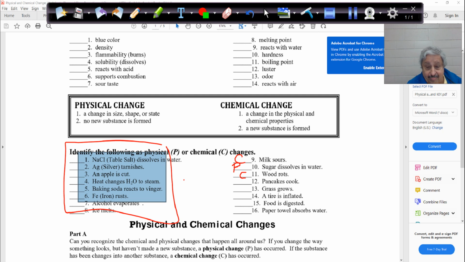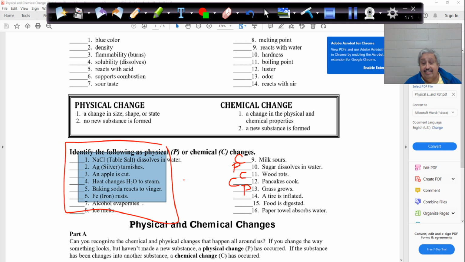So this is chemical. Grass grows. Well, the grass grows, and then you hire somebody to cut the grass. It will come back again next year, correct? Nothing happened to the grass. So this is reversible. It can come back again and again and again. So this is physical.